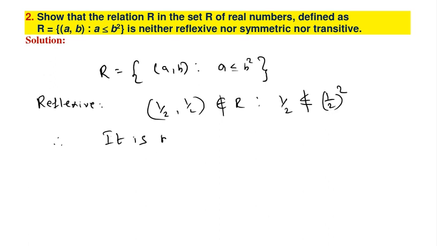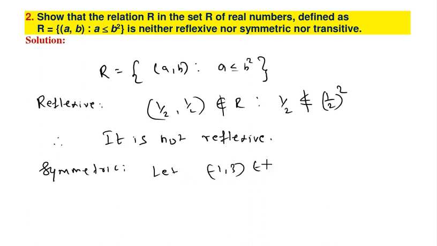Therefore, we can conclude the relation is not reflexive. It is not reflexive. Clear? Then to discuss the symmetry case, we can take one example. Let minus 1 comma 3 belong to R. For minus 1 comma 3 belonging to R, minus 1 is less than 3 squared.